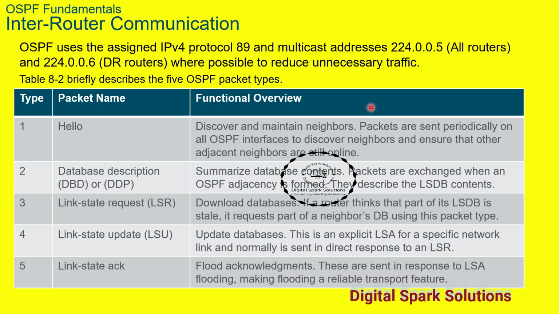And we have the link state update. This is an explicit reply for a specific network link and normally is sent in direct response to an LSR. Link state acknowledgement, the flood acknowledgements, are sent in response to LSA flooding, making flooding a reliable transport feature.